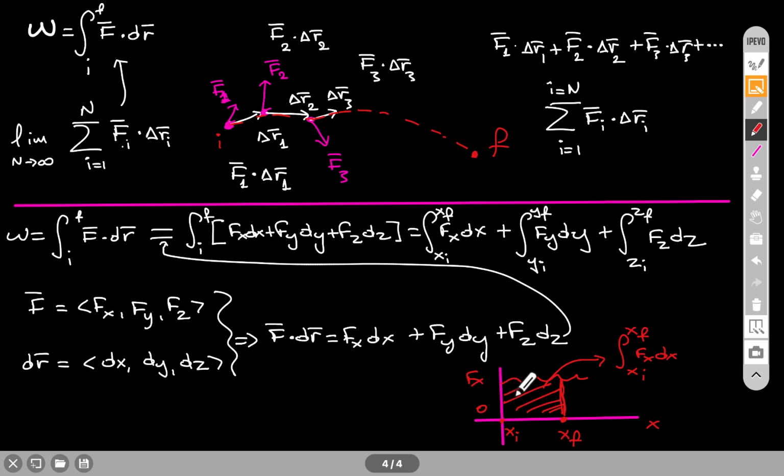If you really like graphs and this representation, then you can plot the x component of the force along the x-axis, find the area under the curve from x initial to x final, and that area is essentially the same number as this integral. It's just another way to represent the same thing. This is with graphs. Here you would have to do the calculation using calculus.